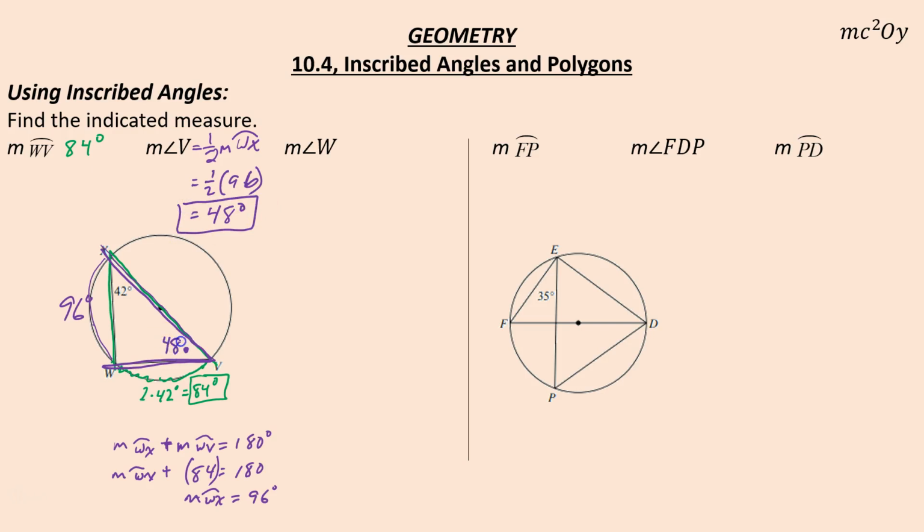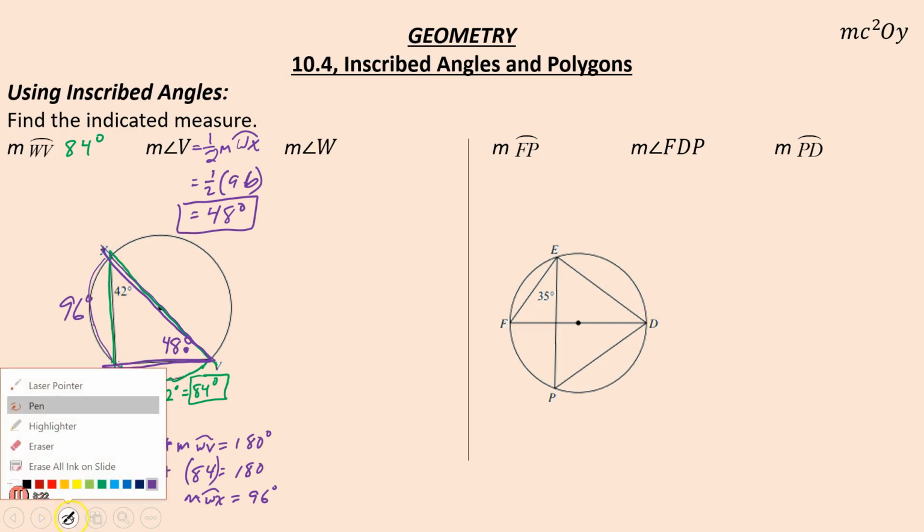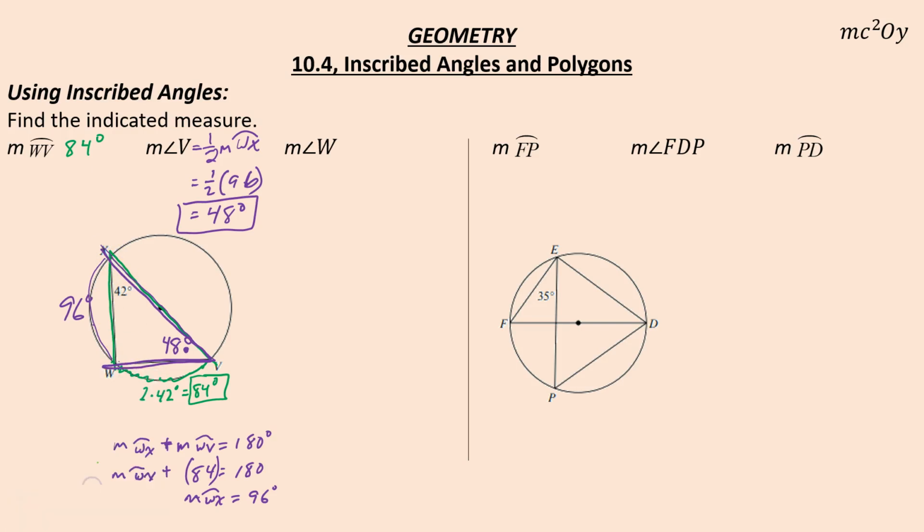The other way to do it would be to figure out the measure of W first. Well, the measure of angle W, and I know my picture is getting a little messy here, but notice angle W is subtended by arc XV.